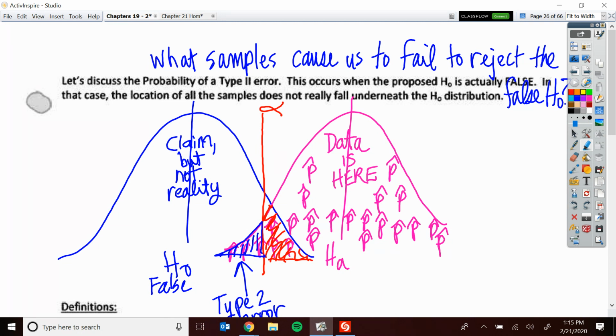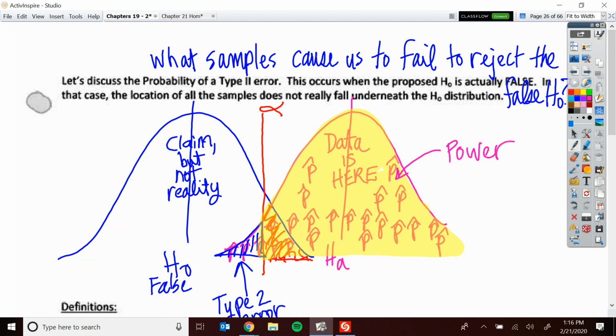What did they tell you? Okay, what did you come up with? All of this is the samples and the proportion of data that will lead us to reject the null hypothesis if it is indeed false. Good job. That is power.